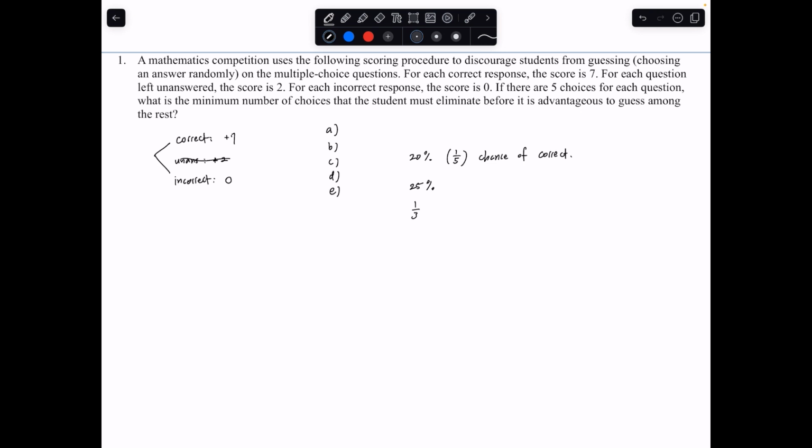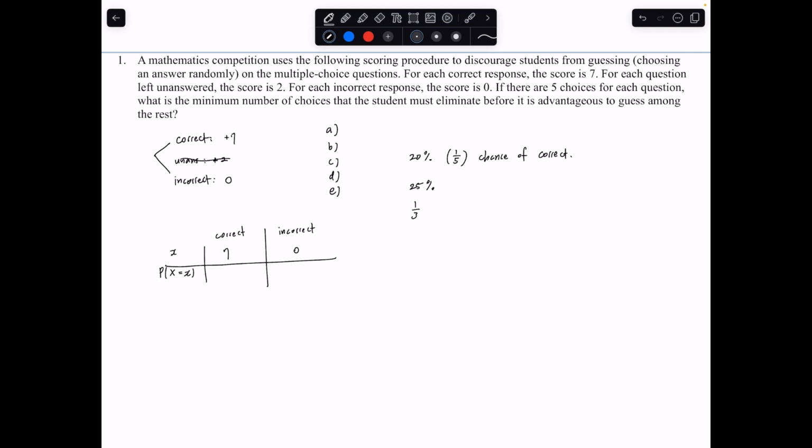Okay, and then let's create a table. For expected values, it's always good to create tables. And so we have correct and incorrect. When we get the correct answer, 7 points; incorrect, we get 0.